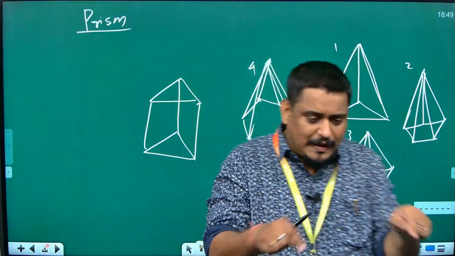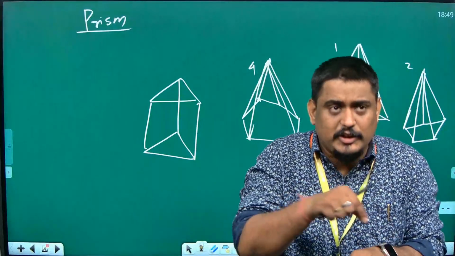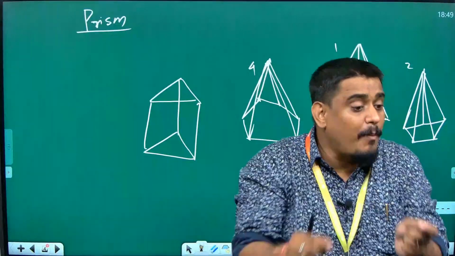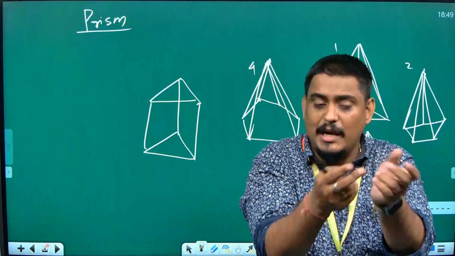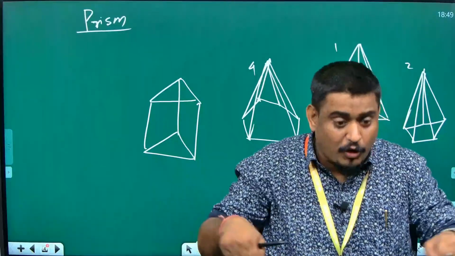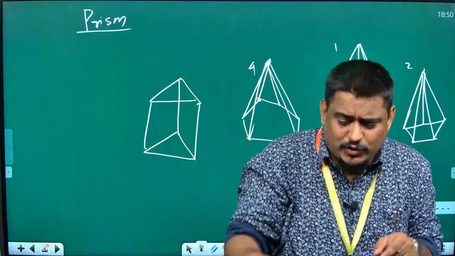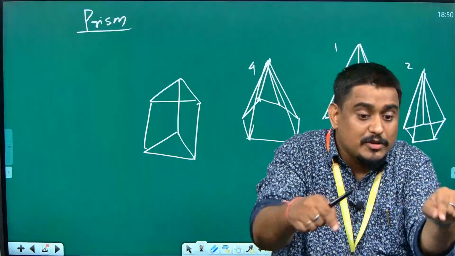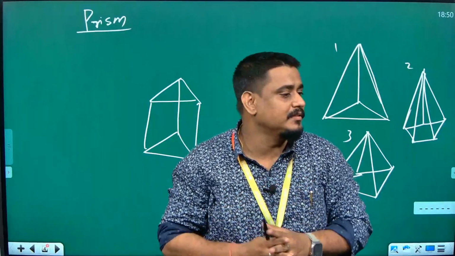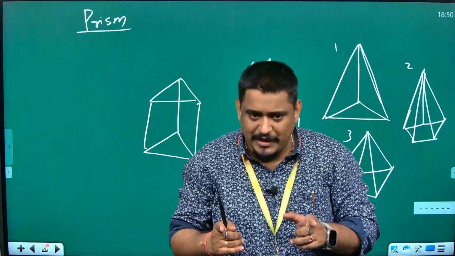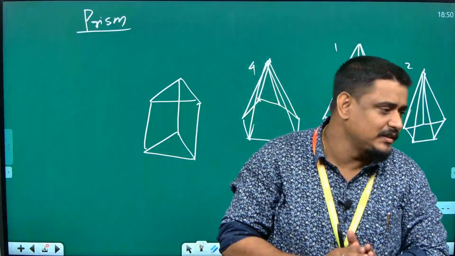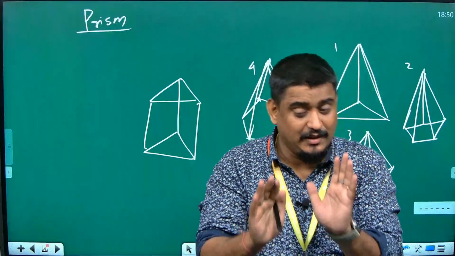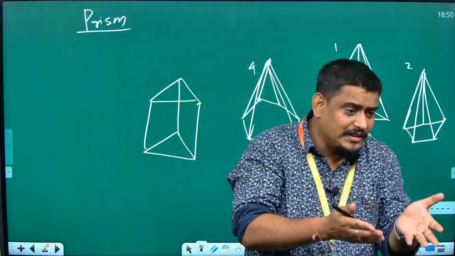Suppose you have a triangle and from each vertex you draw a line, and on top make them meet at one point, it becomes a pyramid. You have an octagon. From each vertex you take a line, join, and it becomes an octagonal based pyramid. Are you getting the meaning of pyramid? Pyramids are converging at the top. So in a way, not exactly, I can say that a cone is a circular pyramid.